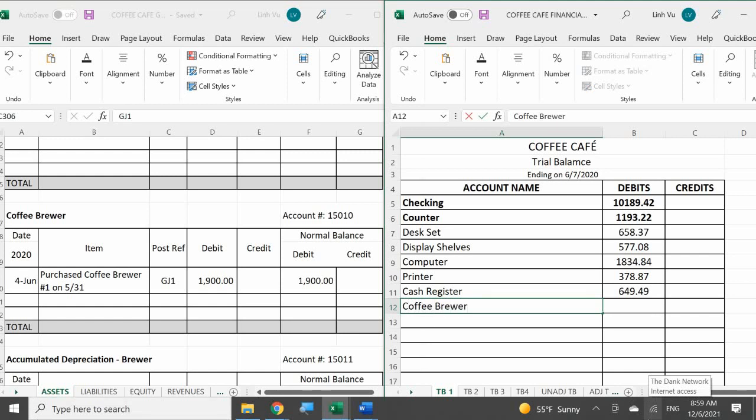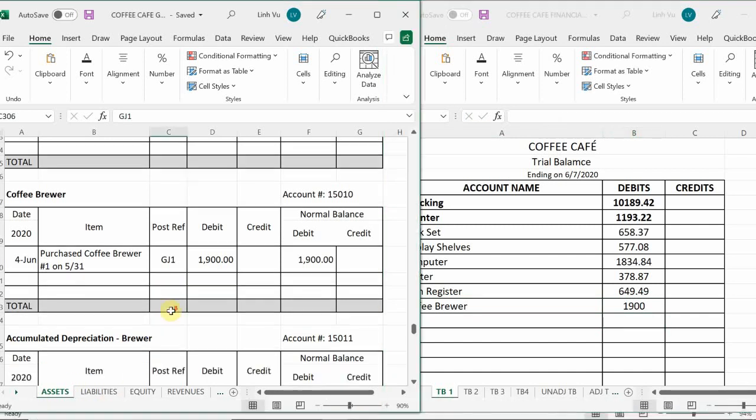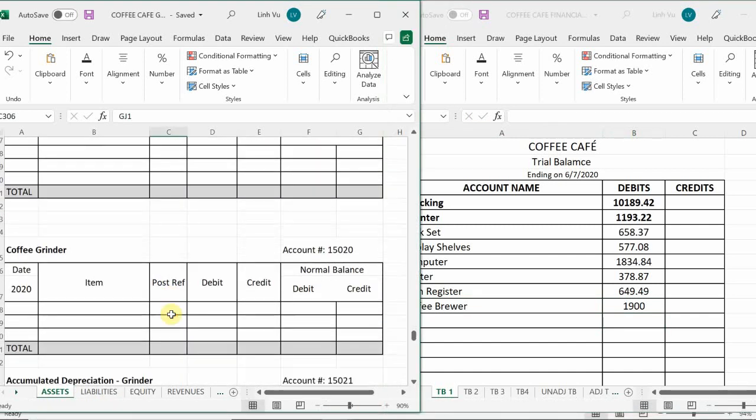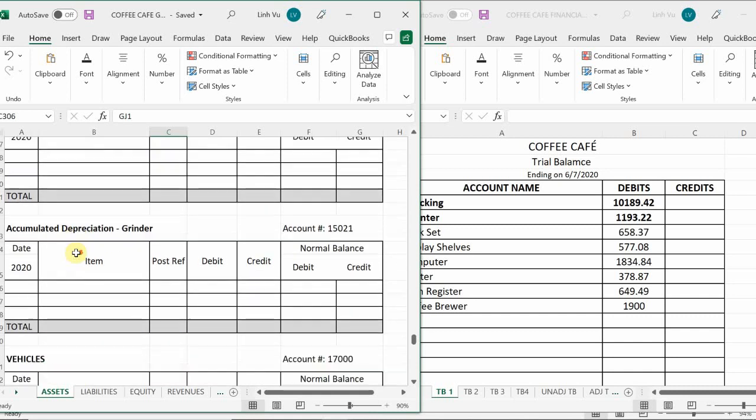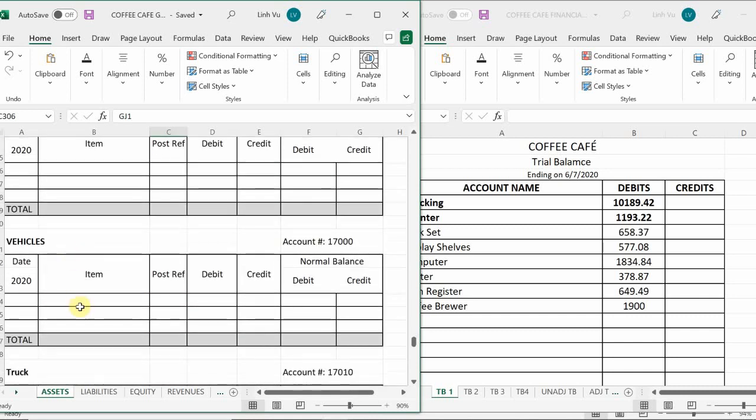Okay. We got a used coffee brewer for $1,900. We were in the process of purchasing another coffee brewer and a coffee grinder, right? We haven't received it yet, so in this case, we don't have the coffee grinder yet. Okay?